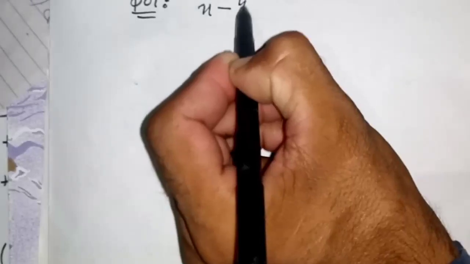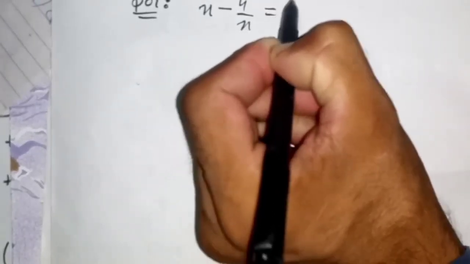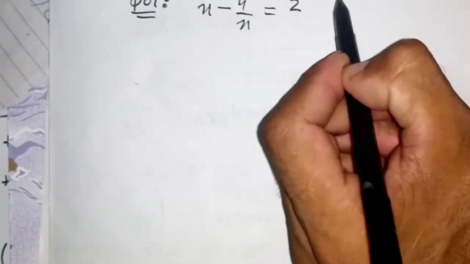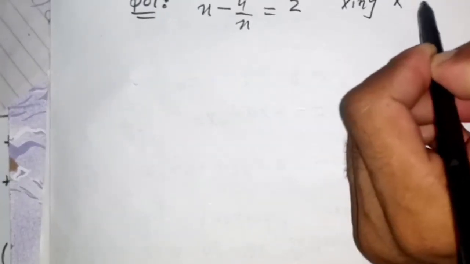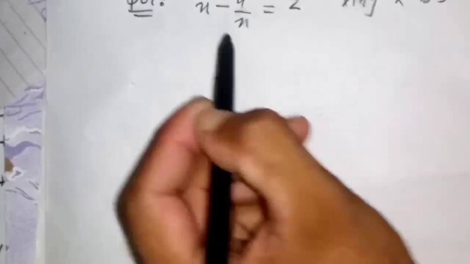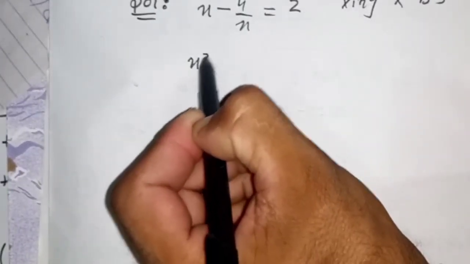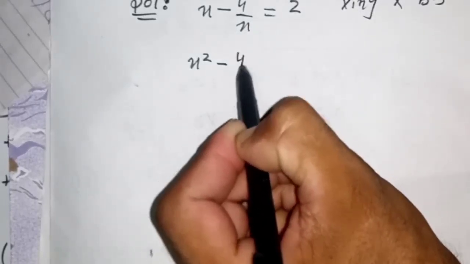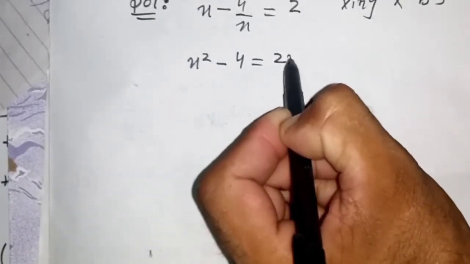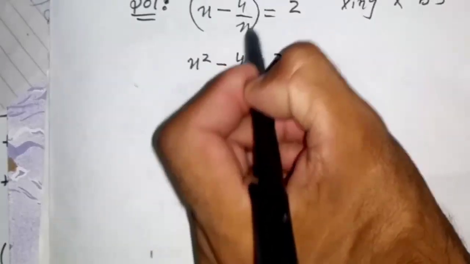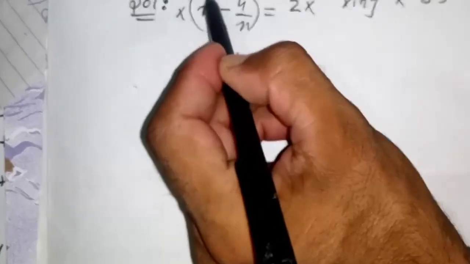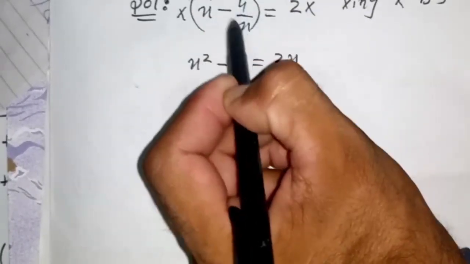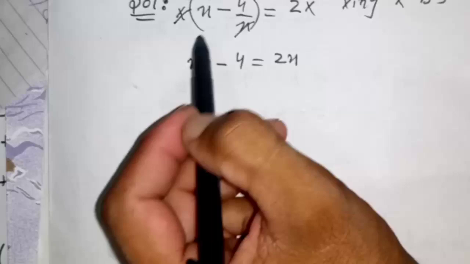x. So we are given x minus 4/x is equal to 2. If we multiply x on both sides, so we get x² minus 4 is equal to 2x, because if we multiply x here, this becomes x², and here the x cancels out, so we just get 4.